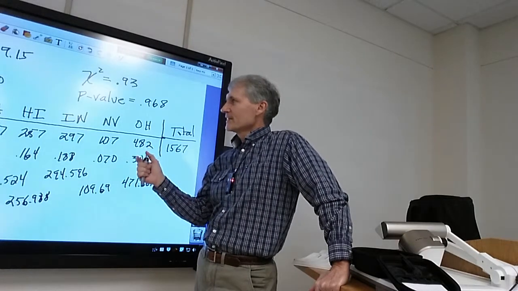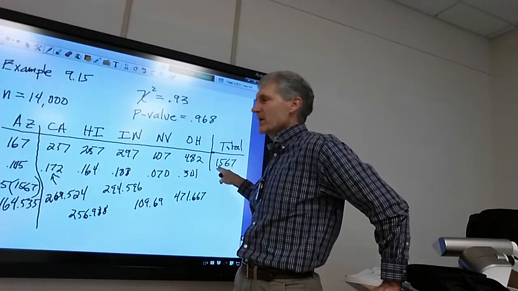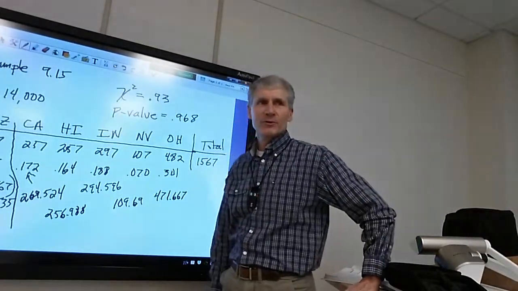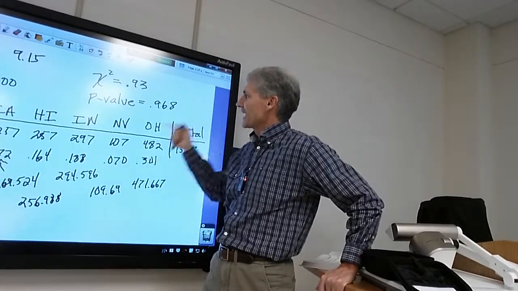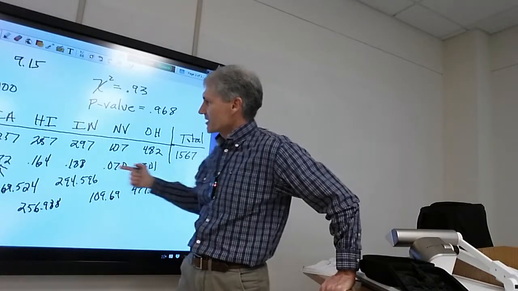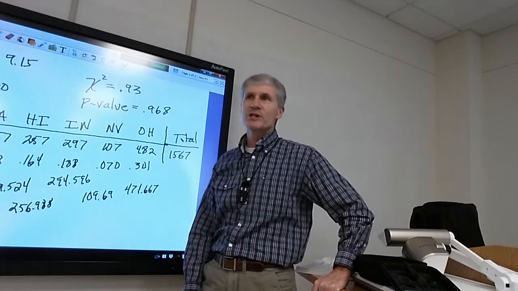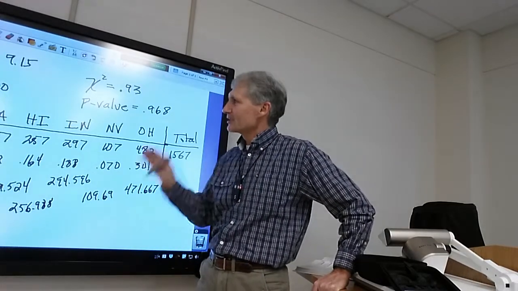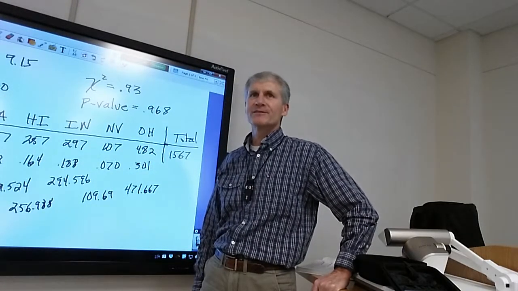That the null is that the proportions we got in our sample are equal to the proportions we would have expected from our full population, right? So the probability we could get numbers like we got, if they really exist like this in the population, almost certain. So there's no reason to reject the null. We say, yeah, the data it's a good fit. We do not reject the goodness of fit.